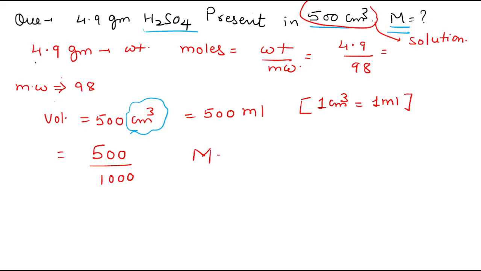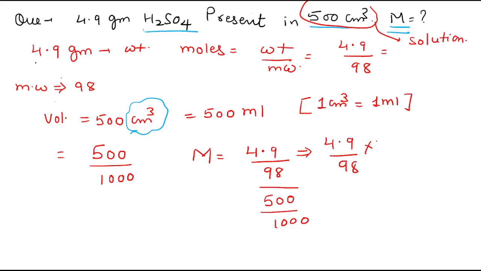The molarity formula, capital M, equals number of moles, and the volume is 500 divided by 1000 to convert into liter. 4.9 upon 98, this will go upside, and then 500.